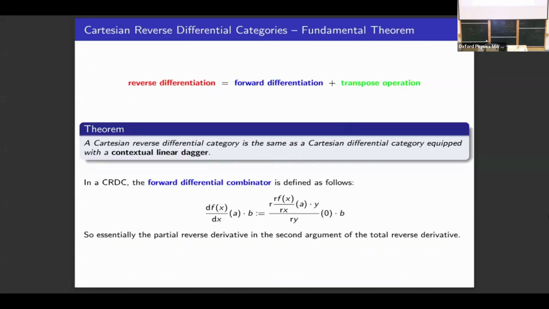We can do that using partial reverse differentials, because the forward derivative is just equal to the reverse derivative in the second argument of the reverse derivative. And this formula is actually magical, and it's what Gordon Plotkin originally showed us way back in 2019, the crux of this whole story of reverse differentiation.